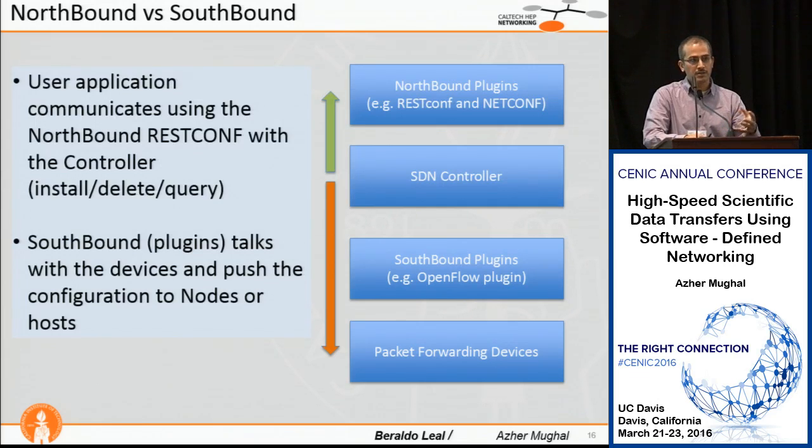Northbound is basically when you have an application talking with your controller, and your controller takes that input, converts it into its own format, and pushes it down to the switches. The information you are pushing down to the switches could be a flow, a change of flow, or, for example, traffic rate limiting, or putting DSCP values for certain traffic.